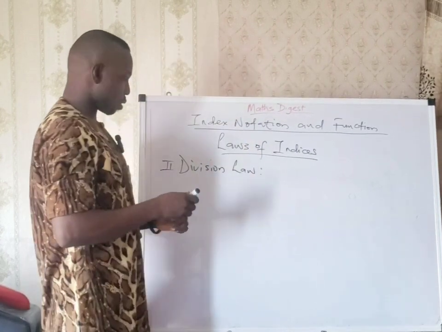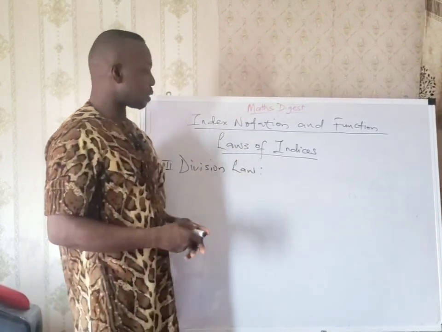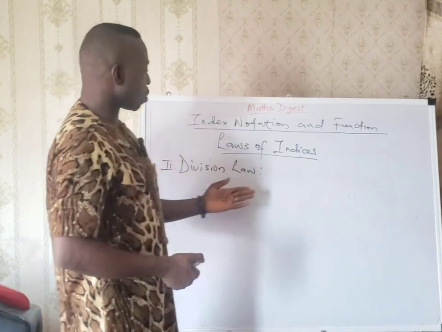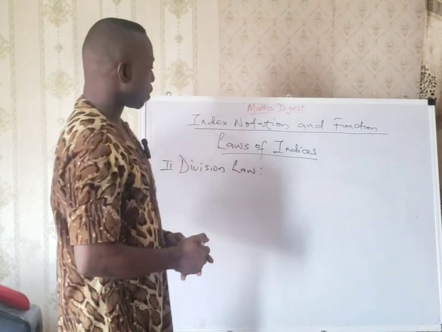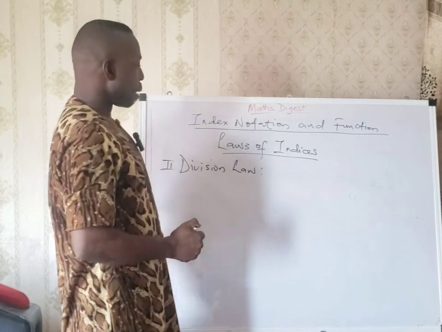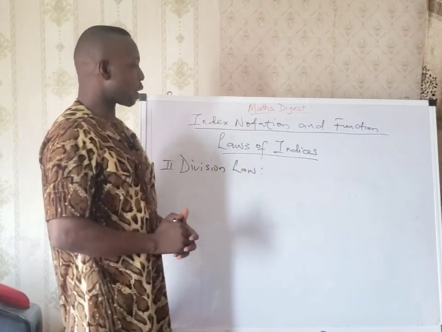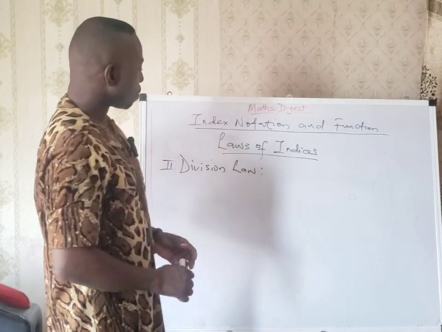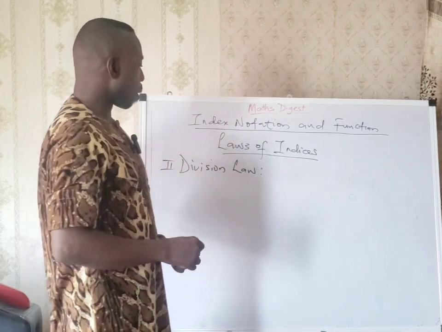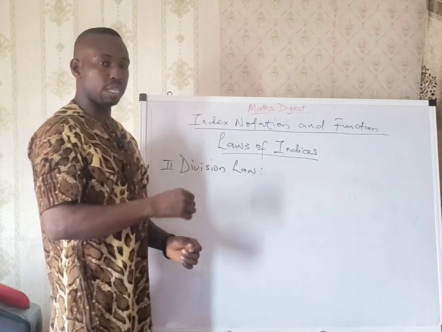Now, the division law. The division law states that when numbers of the same base are being divided, what you simply do is subtract the power of the divisor from the dividend.